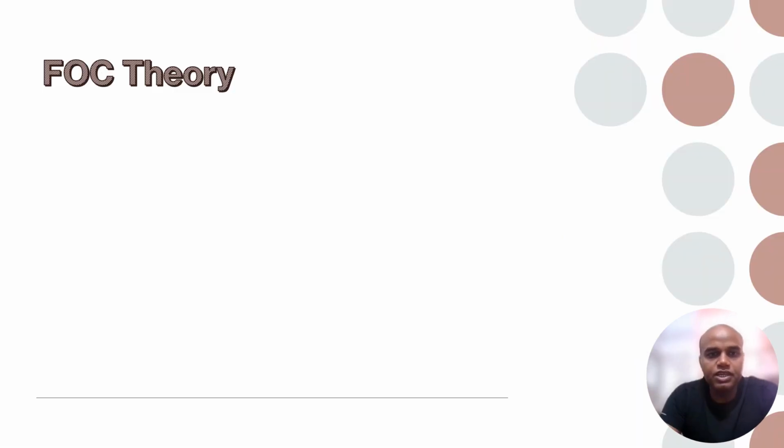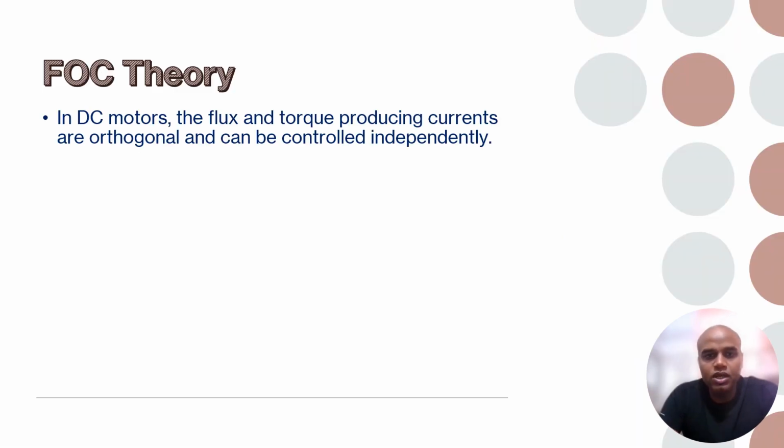In the FOC theory, we know that if we consider the DC motor, specifically the separately excited DC motor, the flux and the torque producing currents are orthogonal and can be controlled independently.